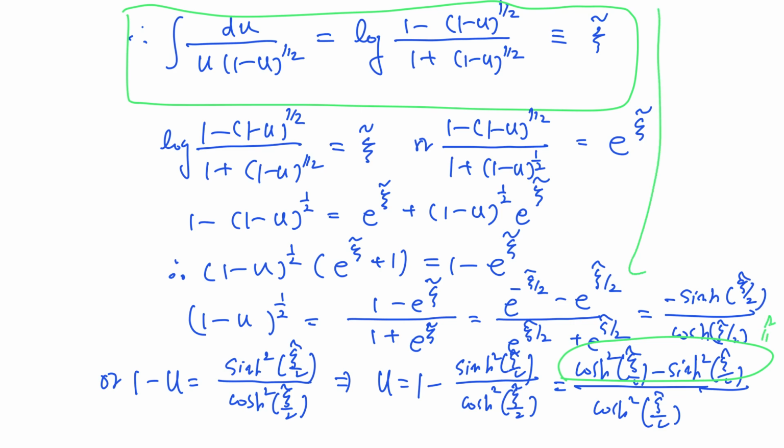Therefore, u is 1 over cosine square psi over 2, what is called secant hyperbolic square psi over 2.